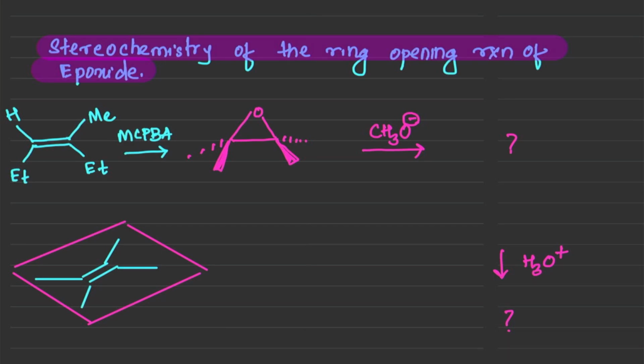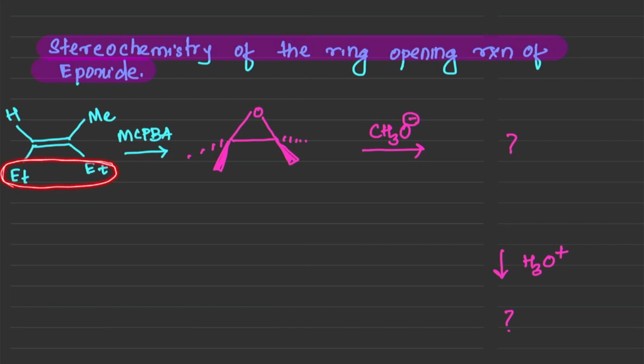So both are possible. Okay, so you could have a situation where the ethyl groups, if you notice, are both on the same side of the double bond, which means I will draw both of the ethyl groups on the wedge.